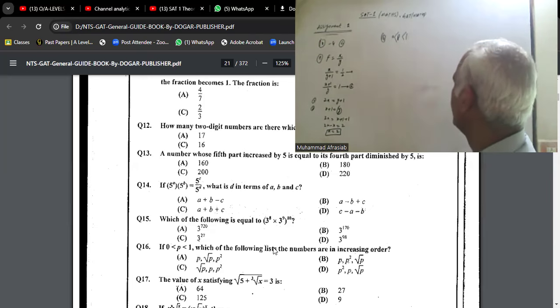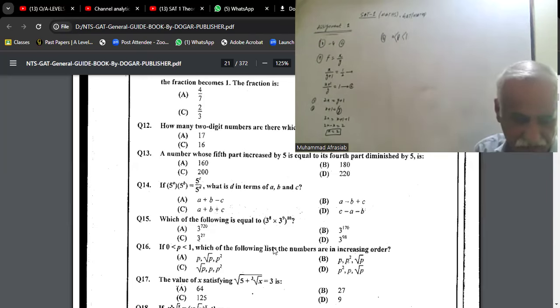We have explained in our notes that whenever it lies between 0 to 1, then the square of that number is always less than the original number.